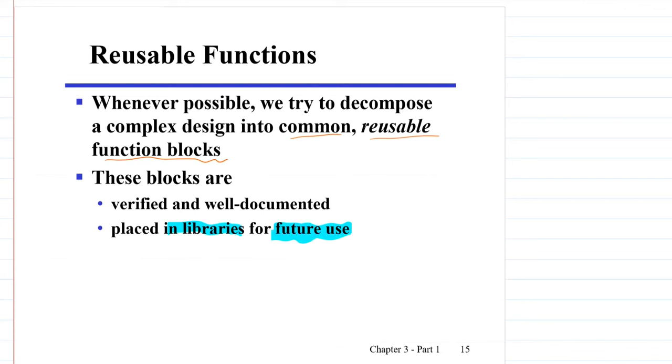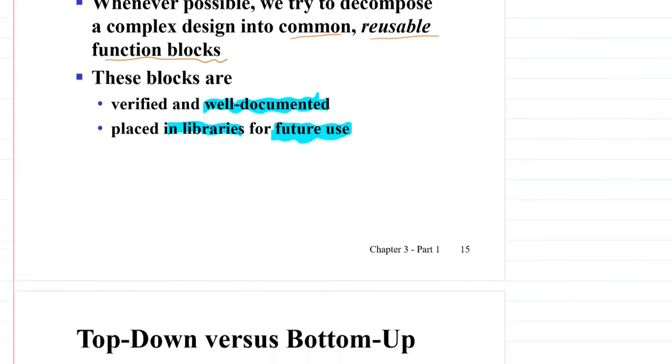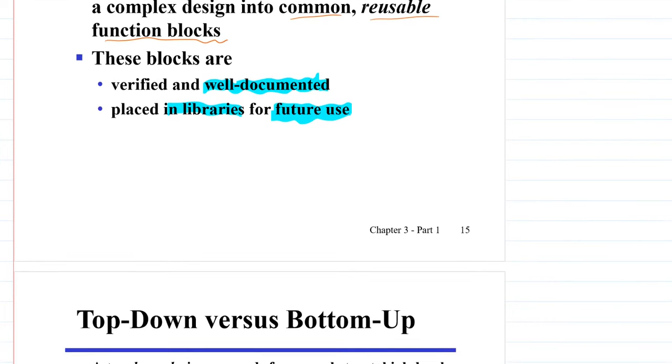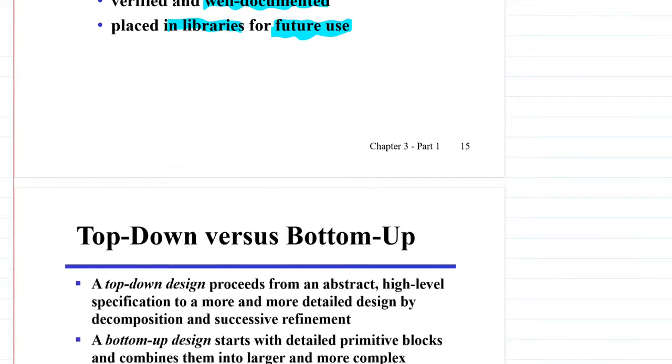And of course, we need to have them well documented. We need to verify them and document them with details in order to be able to use them in future. This will make the design procedure much simpler later when you deal with complex design problems. You just need to have a record of the reusable functions that you have created.